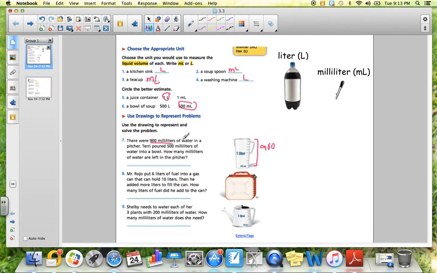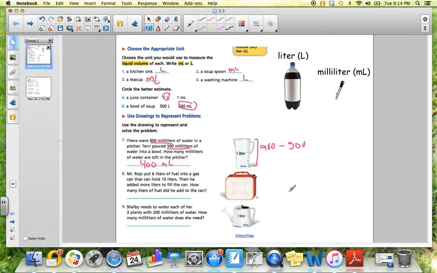And Terry poured 500 out. How many are left? We're taking 500 away, so we're going to subtract 900 minus 500, and that will give us our answer of 400.